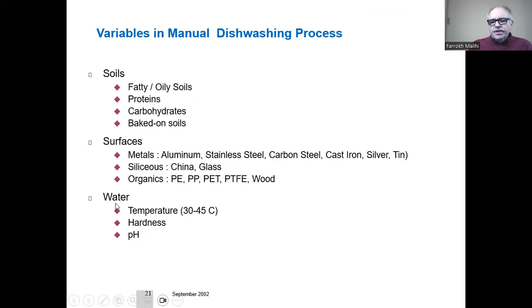Also, water introduces variables. Temperature of water can vary from 30 to 45 degrees C. Water hardness can go from very low hardness, around 50 ppm, to very high, above 200 ppm hardness. And the pH.